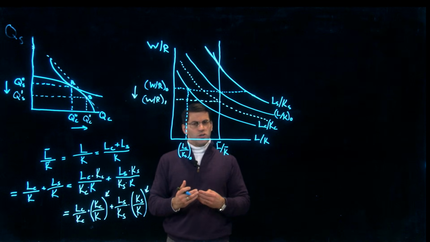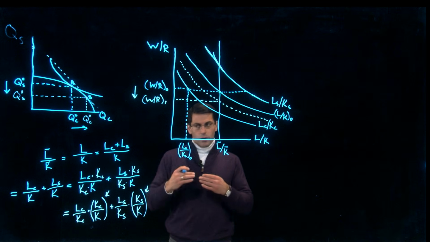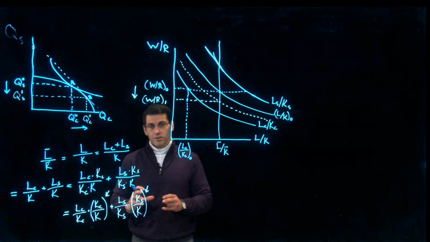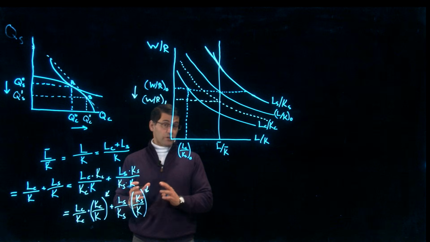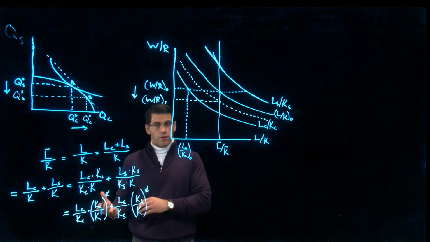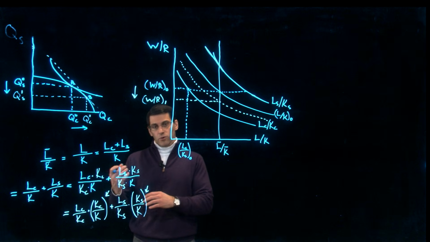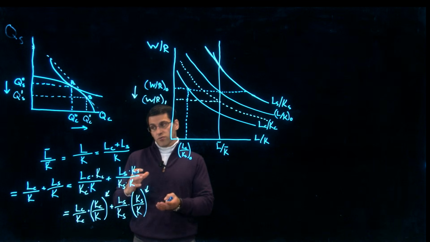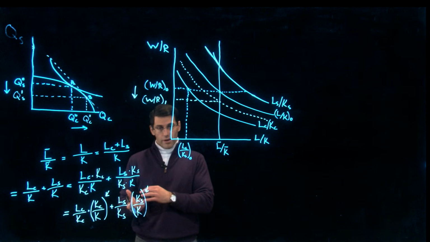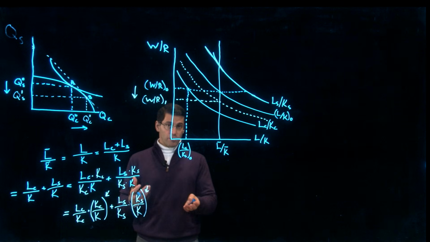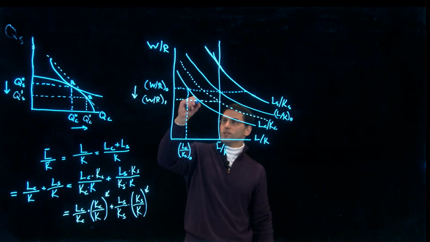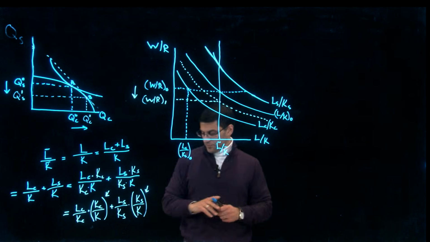What happens when the wage to rental rate falls? Well, when that falls, labor is becoming relatively cheaper, relative to capital. We're lowering the price of labor relative to capital. So logically, producers are going to shift their input mix towards labor and away from capital. If labor is getting cheaper, we want to use a higher ratio of labor to capital. And we're going to see that right here.